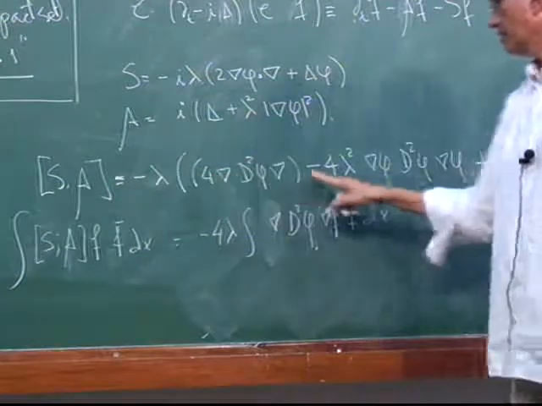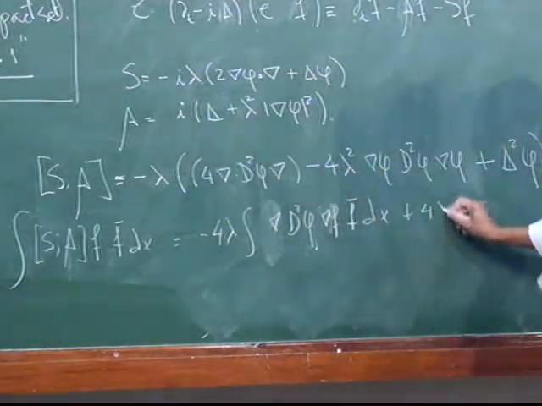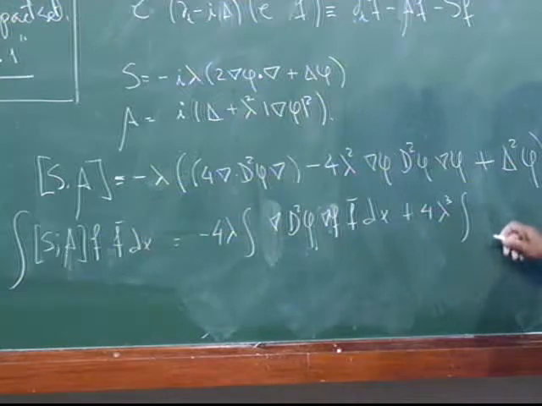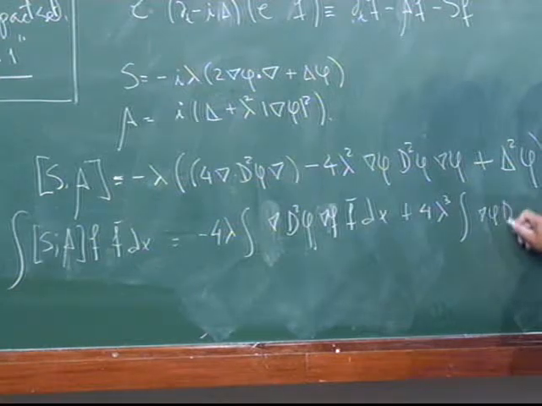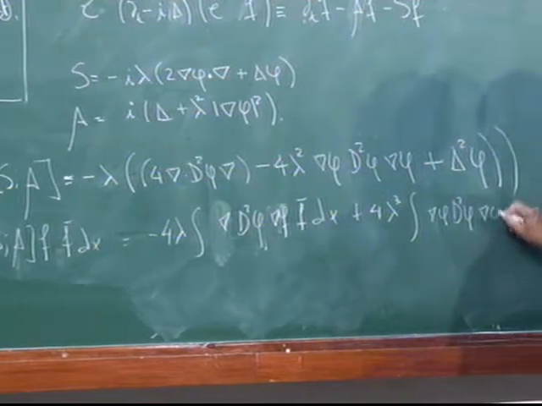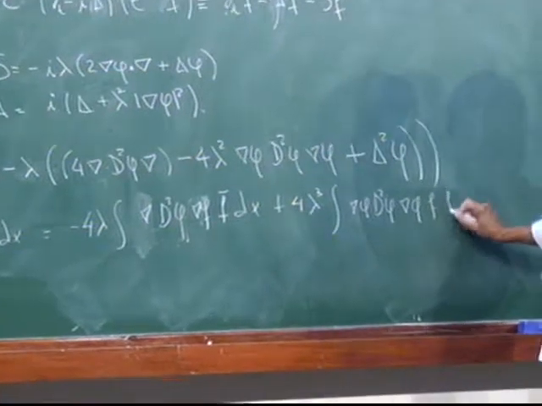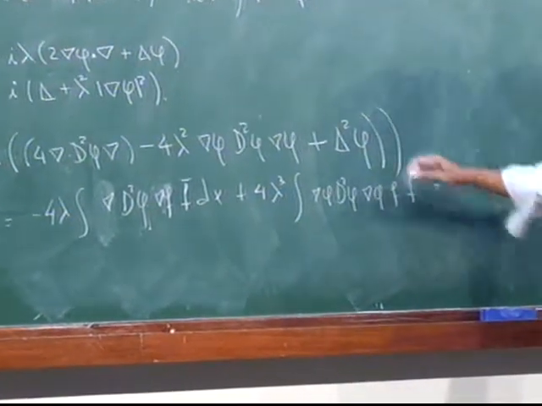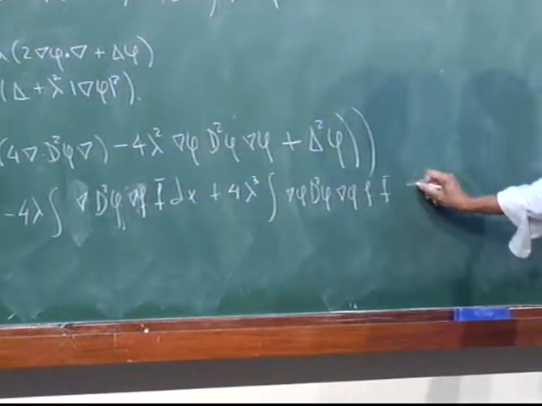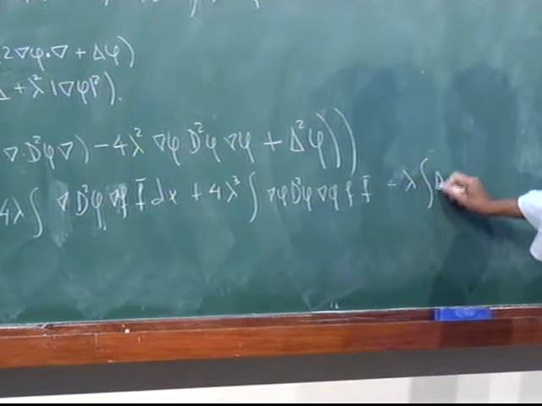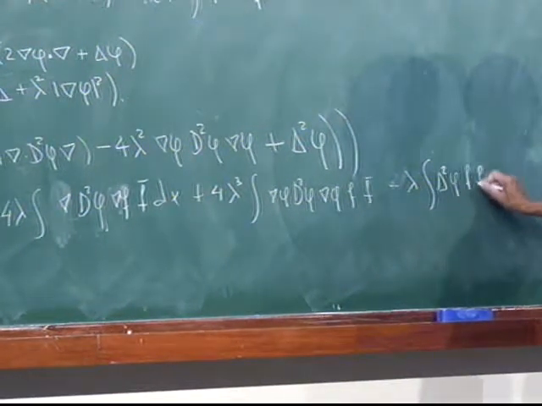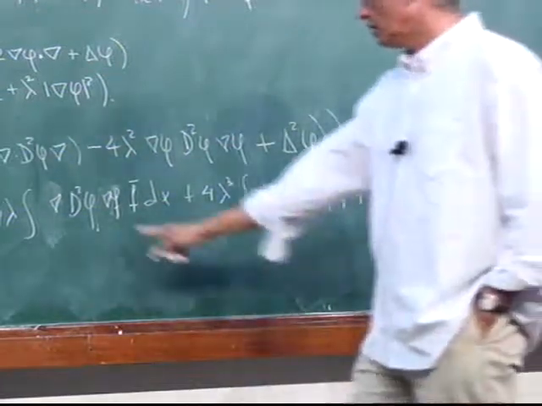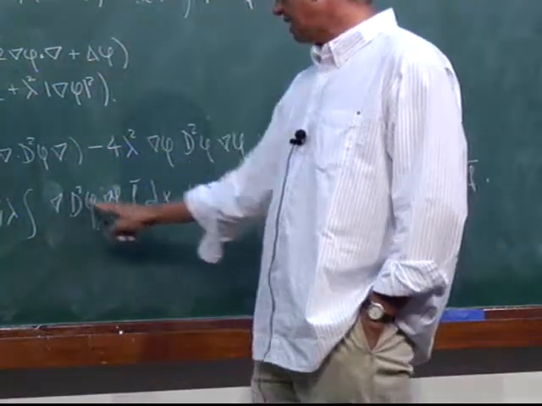Then you have plus 4 lambda cubed, all this, f multiplied by f, plus or minus lambda this, f multiplied by f. This one, you integrate by parts, pass the gradient here.